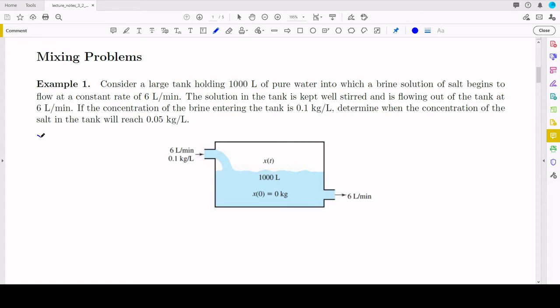So we're going to define our function x of t. x of t will denote the amount of salt in the tank at time t.